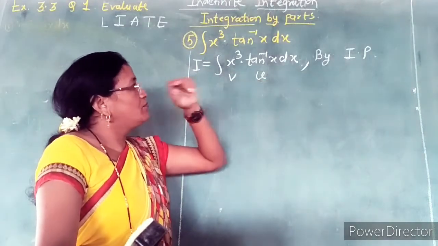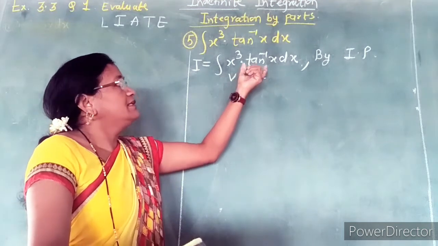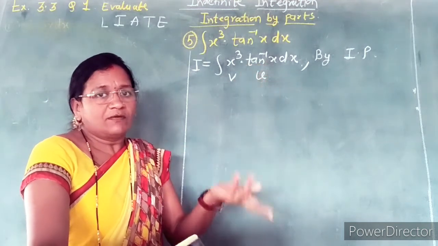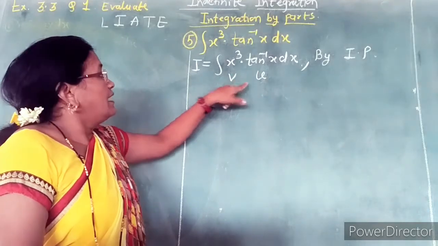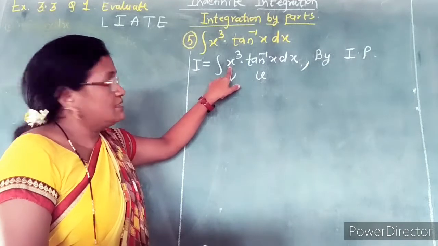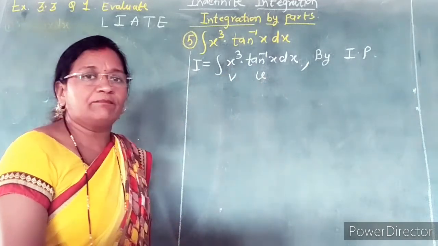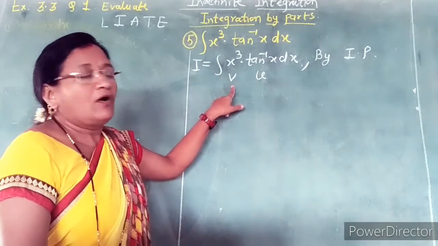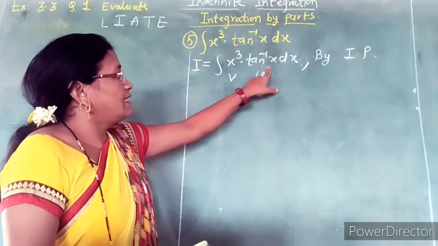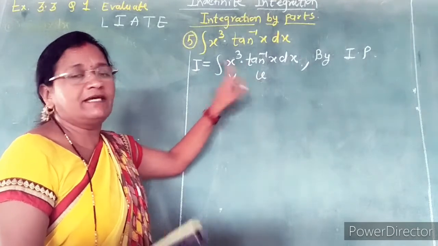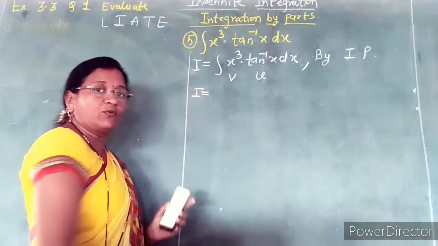This choice depends on the rule, because for the function tan inverse x we cannot write the integral directly, since we know only the derivative of tan inverse x but not its integral. The second function v is one for which we know the derivative as well as the integration. Therefore the choice of u and v depends on the function whose integral is known, and so we take tan inverse x as u and x cube as v. By integration by parts you can evaluate this directly without taking the formula.